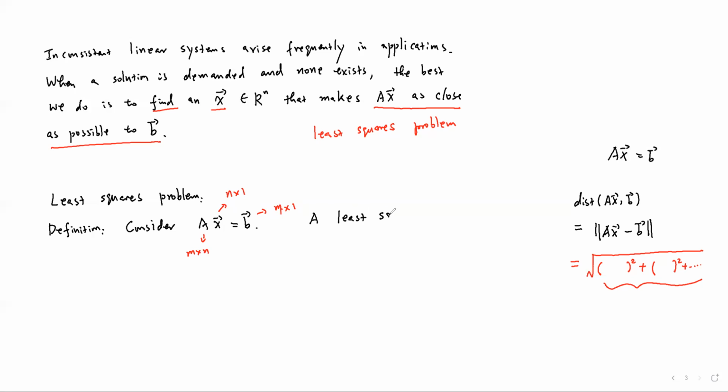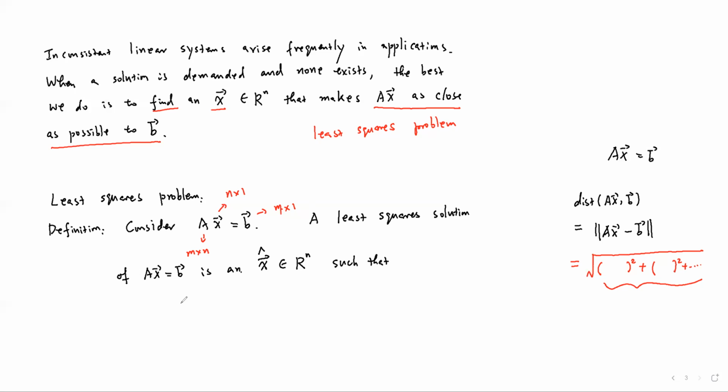Definition. A least squares solution of this linear system is an x, let me call it x hat, in Rn, such that this x makes the left-hand side and the right side as close as possible.